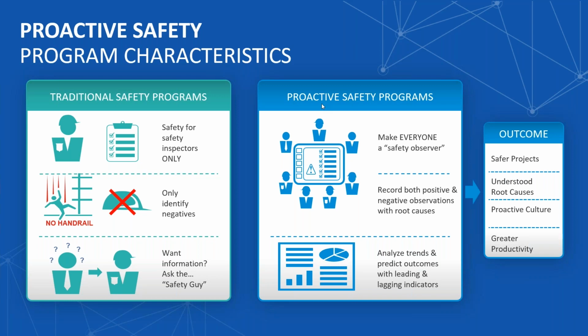Both positive and negative behaviors, including the root causes, are recorded on a daily basis, which helps you track the safety data for analyzing trends, giving a result on the unsafe behaviors raised on the site.